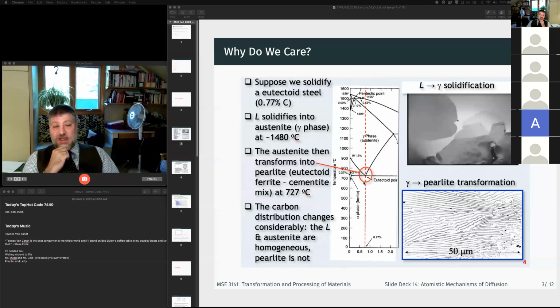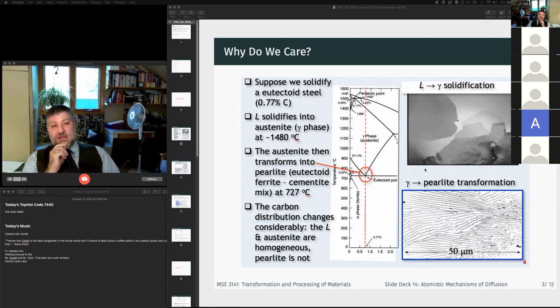And in this case, the phases are alpha, ferrite, which is BCC, and gamma, this austenite, is FCC. So we're going to BCC iron with a lot less carbon in it, and cementite, which is an intermetallic carbide of iron and carbon, right?